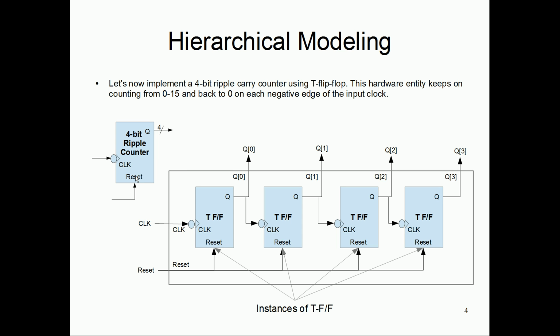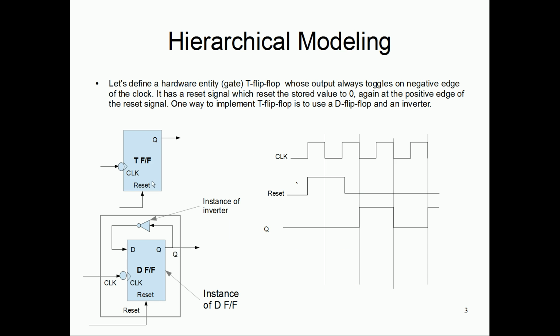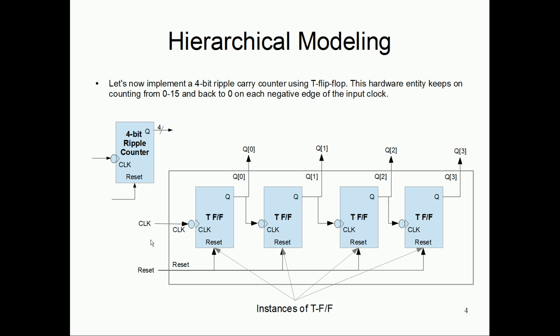So how do we do it? We instantiate four of our T flip-flops, which we implemented in the previous slide using a D flip-flop and an inverter. We feed the top level clock to the very first T flip-flop, and take out the Q output from that first T flip-flop as Q0. That Q also acts as the clock to the next T flip-flop.